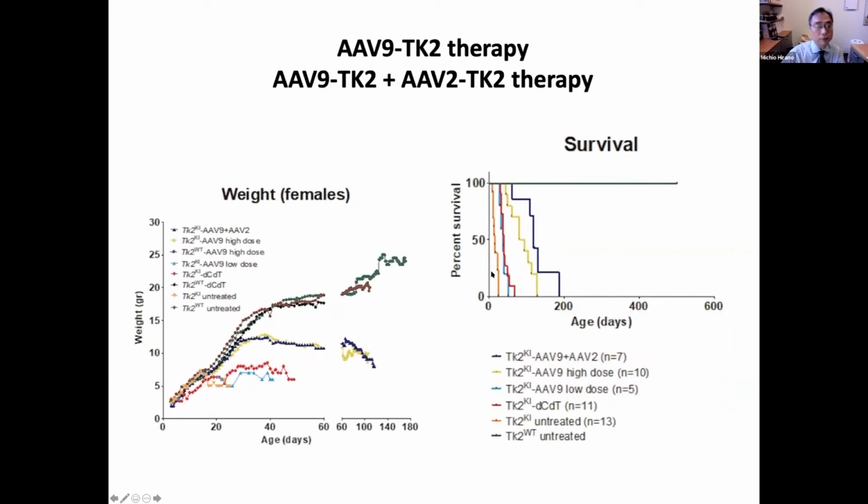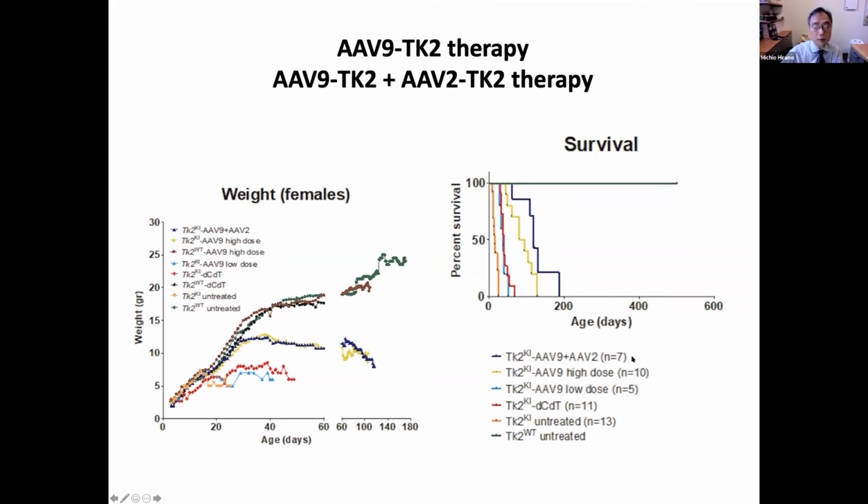And we do see further improvements with the combination of AAV9 and second dose AAV2. Although the weight growth is similar, we see that the survival improves even further from a median of about 90 days to about 120 days in the combination therapy.